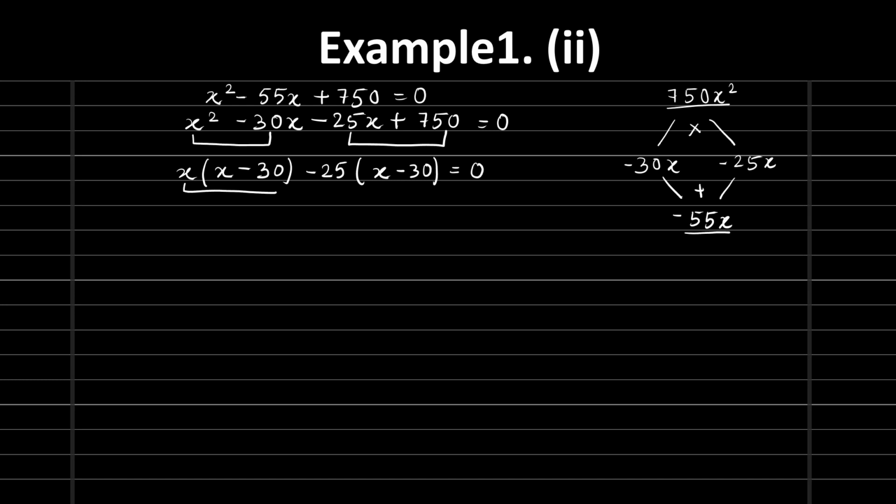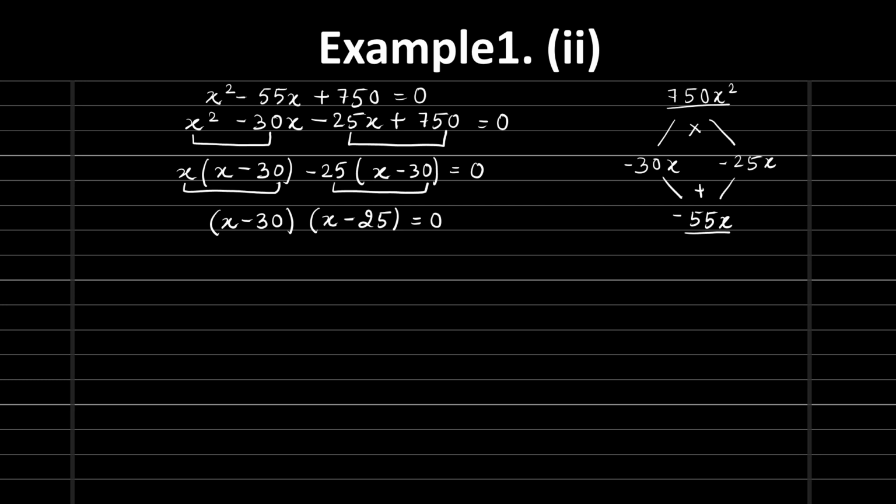Now look at the two expressions, x into x minus 30 and minus 25 into x minus 30. In both of them, you will see x minus 30 factor is common. So what is the next factor that we are going to get? X minus 25 equal to 0.